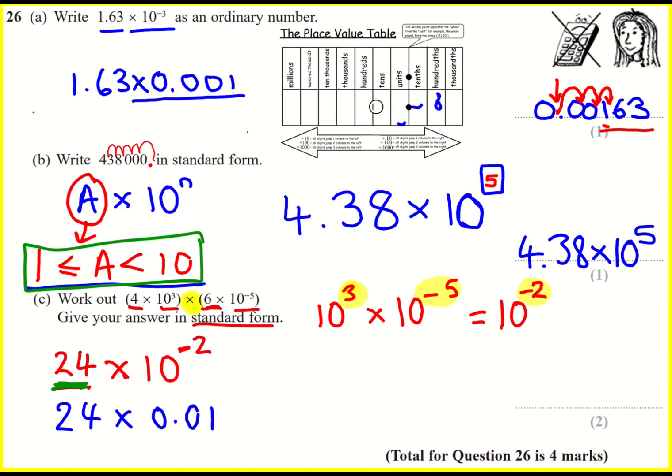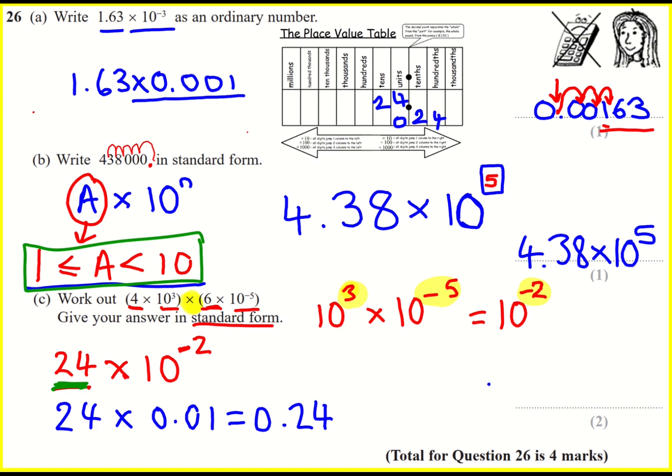Going to my place value table, the net effect is that's 24, and you're multiplying it by 10 to the negative 2. It would go 2 jumps, which would take you there. So that is 0.24. But what is that in standard form?